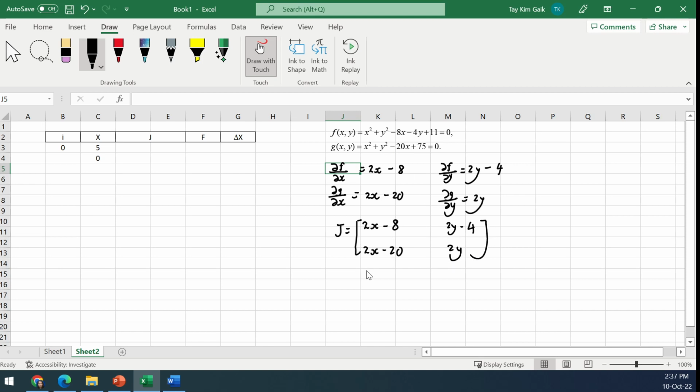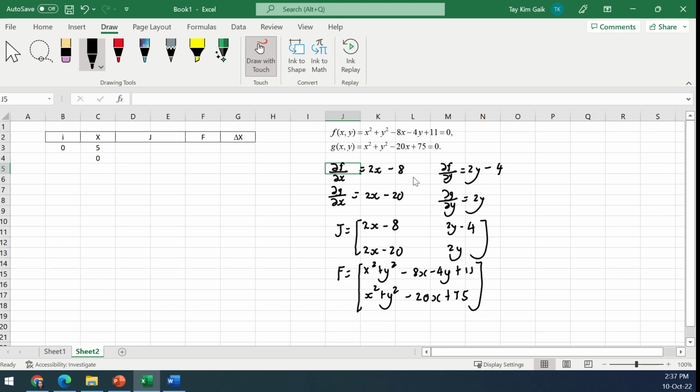And then your function f: first row is x squared plus y squared minus 8x minus 4y plus 11. Second row is the second nonlinear equation, x squared plus y squared minus 20x plus 75.